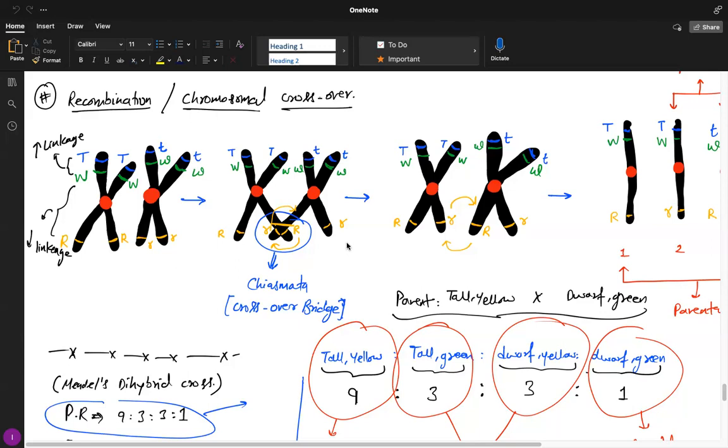And what's happening here? One of the chromatids of each are crossing over, and the alleles are getting exchanged. That part is called chiasmata, or crossover bridge, we call it.